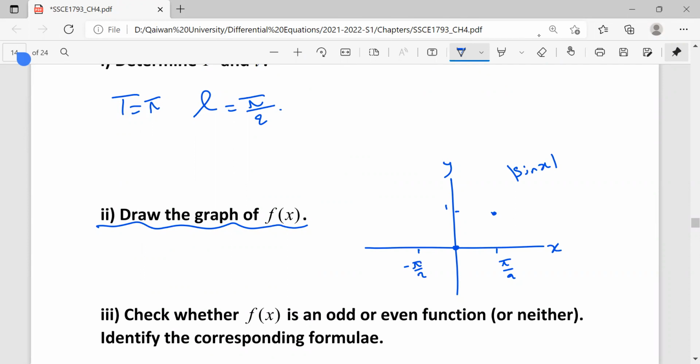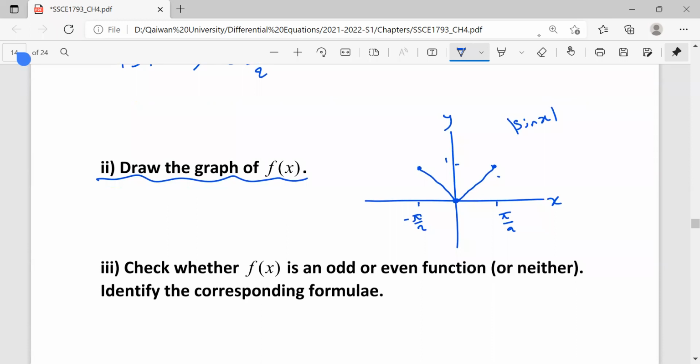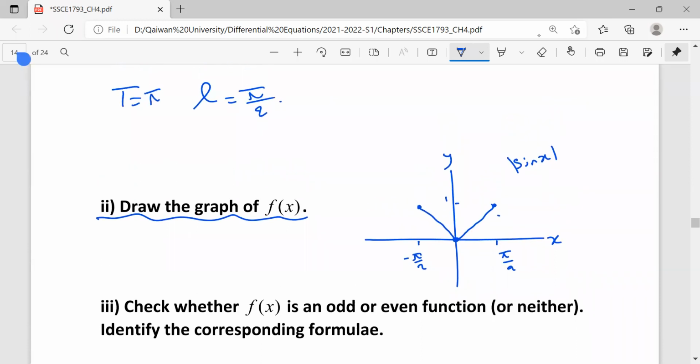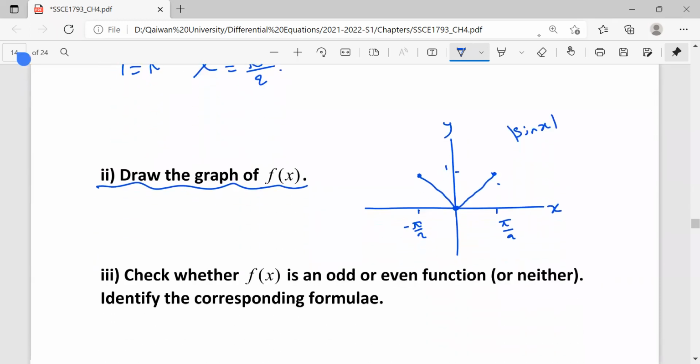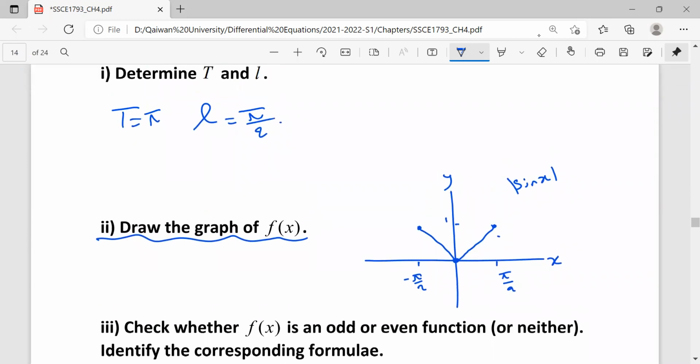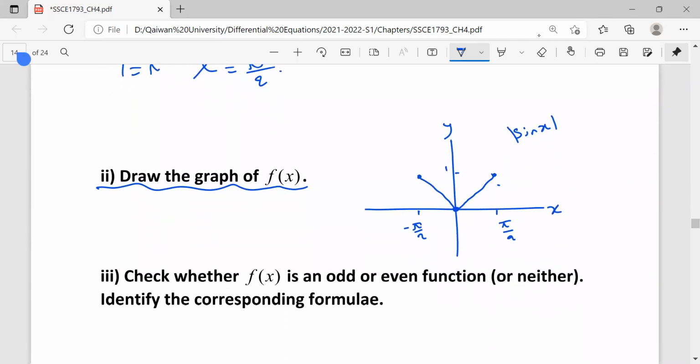Sine minus pi over 2 is minus 1, and in absolute value it becomes 1. So this is the graph for the function. It's an absolute value of sine, so every time you get a positive value, and an absolute value gives a V shape, similar to the absolute value of x.